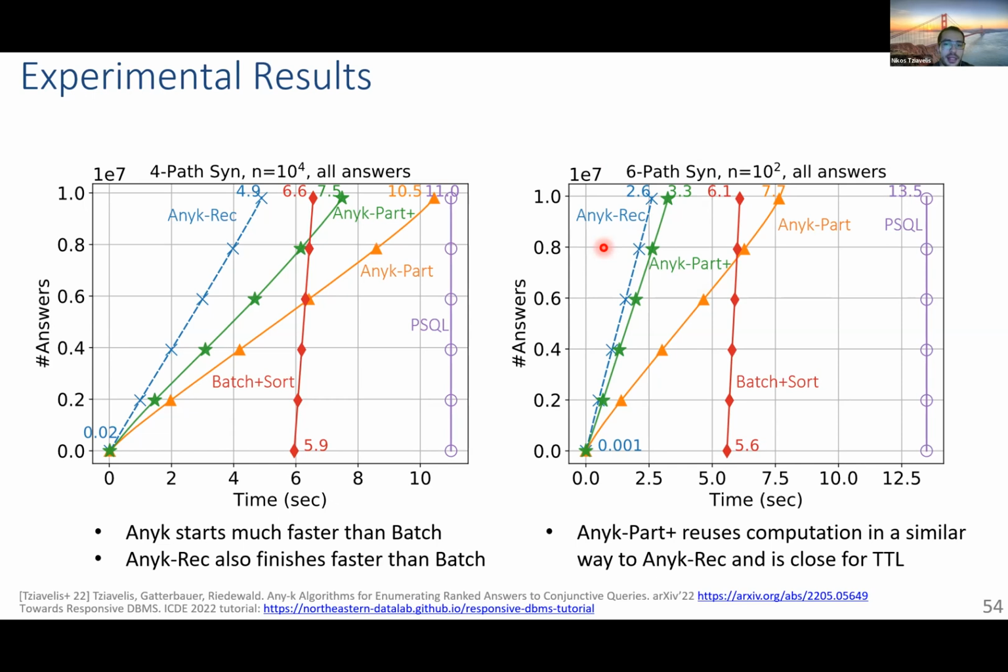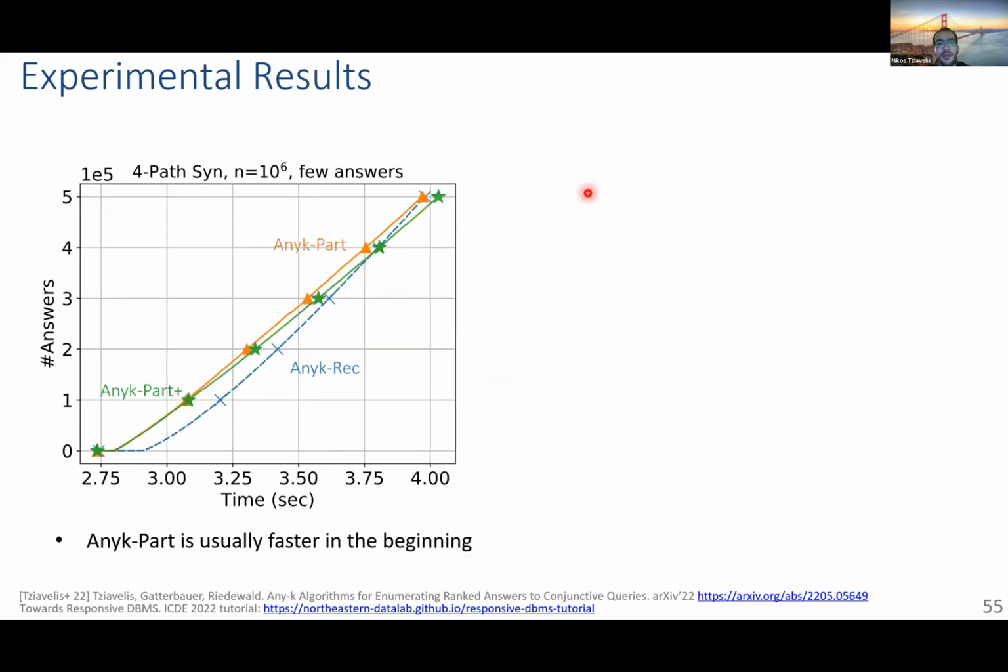Now, that tells only part of the story, because in these figures, we're looking at what happens when the number of returned answers is very big, in the 10 millions. If we look at what happens for smaller k, the partitioning variants are faster than the recursive one, and you can see that the recursive one catches up at some point and overtakes them.